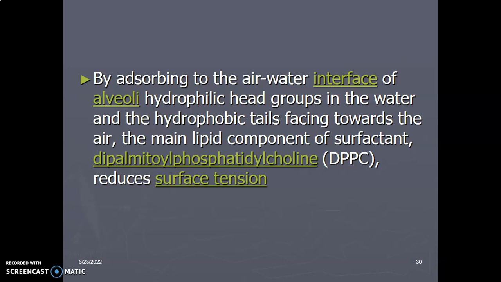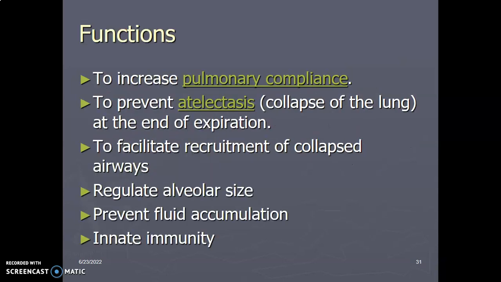Surfactant has both lipid and protein, with hydrophilic and hydrophobic ends, and even the air-water interface has both hydrophilic and hydrophobic sides. So the surfactant helps to increase pulmonary compliance, and helps to prevent atelectasis.